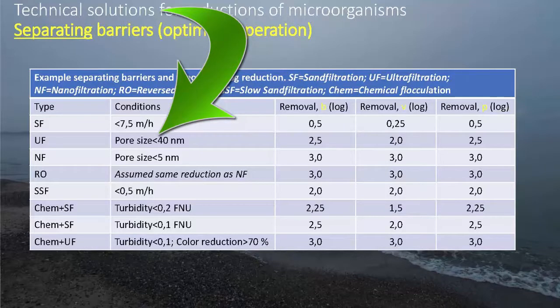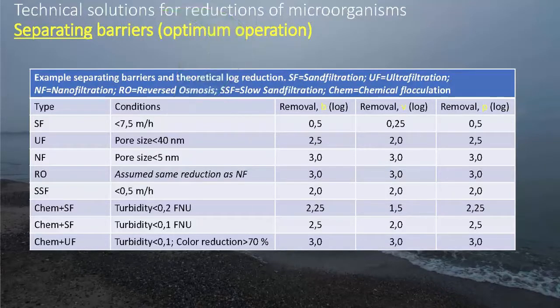If you have an ultrafiltration unit that fulfills those requirements, you know that you can achieve as much as 2.5 log removal for bacteria, 2.0 removal of viruses, and finally 2.5 removal of parasites using a UF unit with a pore size of 40 nanometers.